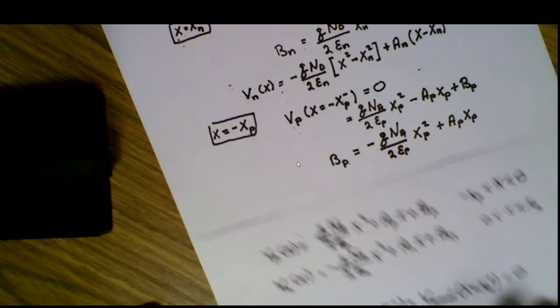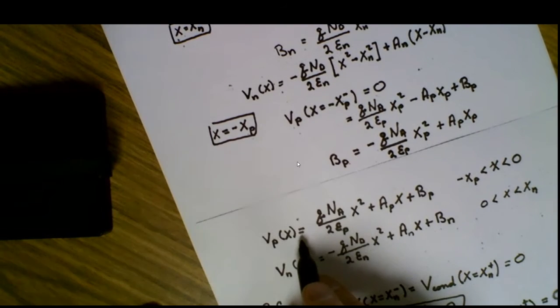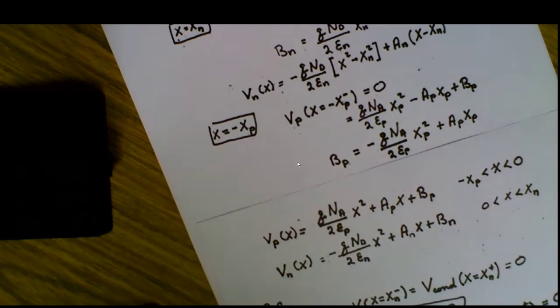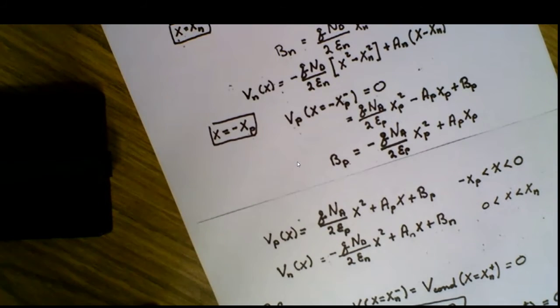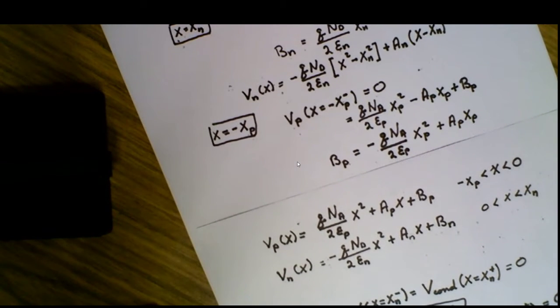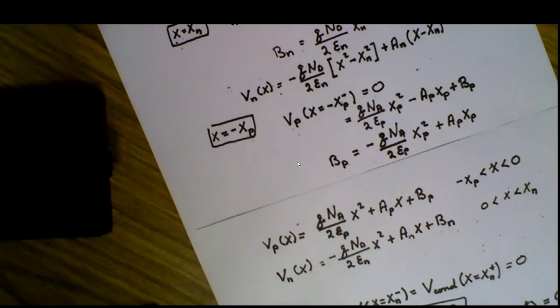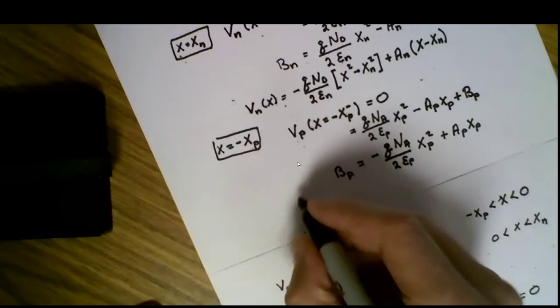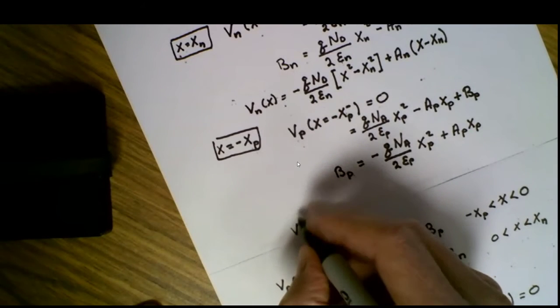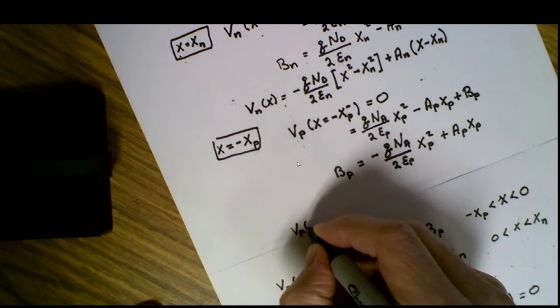Now let's substitute it back into the expression for the potential of the p material. That's going to give us, here we go, the potential as a function of x.